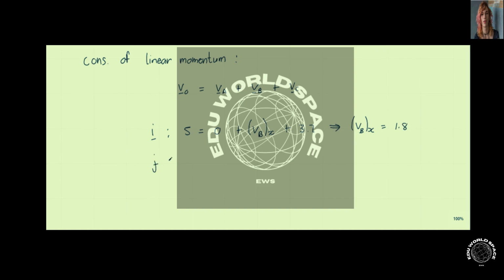Breaking it up into the j components, we get that 0 is equal to minus VA plus VBY plus 0. Hence VBY is equal to simply VA. So if we find one, we find the other.